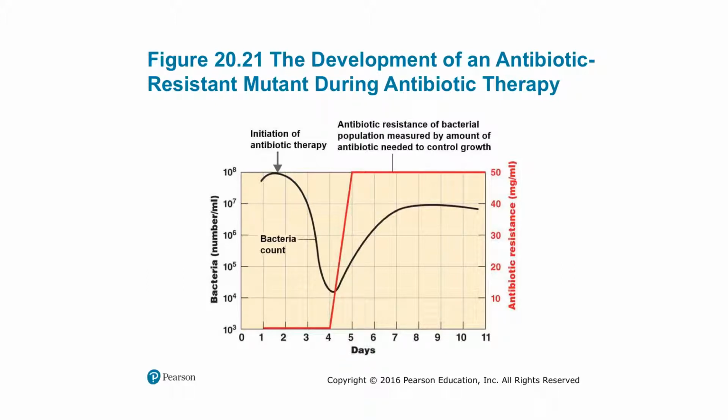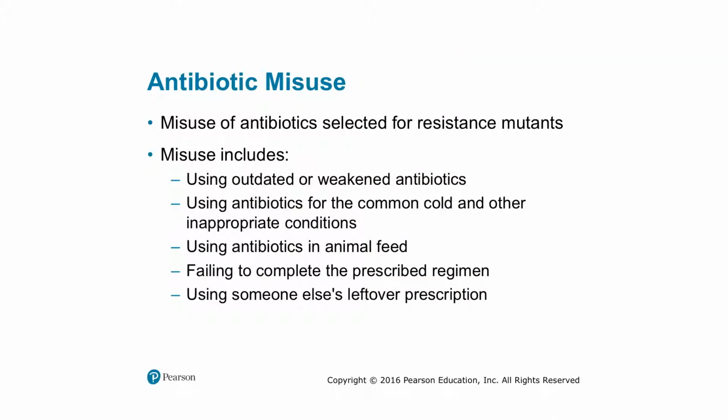What happens is we start here at 0, and this is the number of bacteria. So we start the antibiotic therapy here, and oh, hey, the number of bacteria goes down. How wonderful. And then they start to become resistant, and they come back. The ones that come back are going to be resistant to the antibiotic that has already been given.